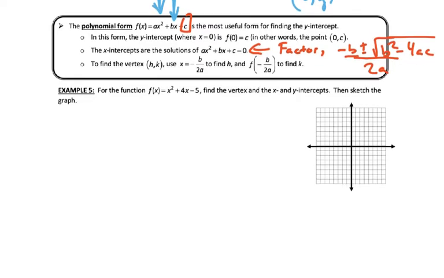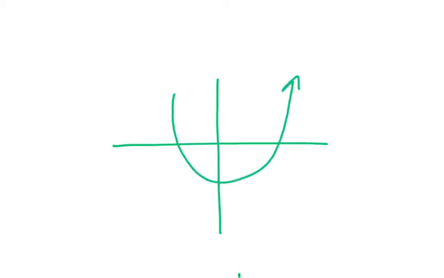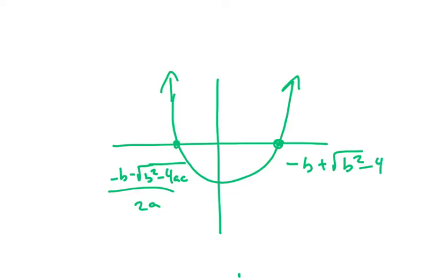One thing I think is commonly overlooked, I'll put this a little more down here, is that when we look at, let's say, our parabola does something like this, the zeros are negative b minus square root b squared minus 4ac over 2a, and negative b plus square root b squared minus 4ac all over 2a.